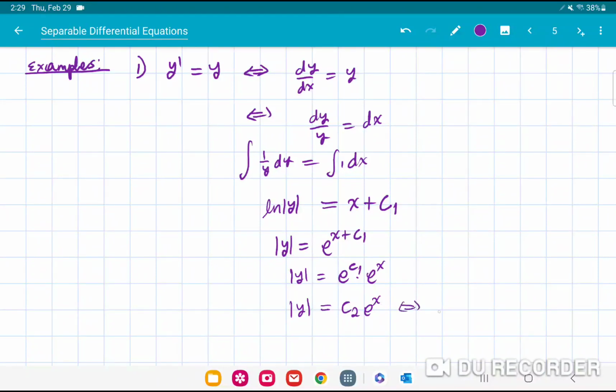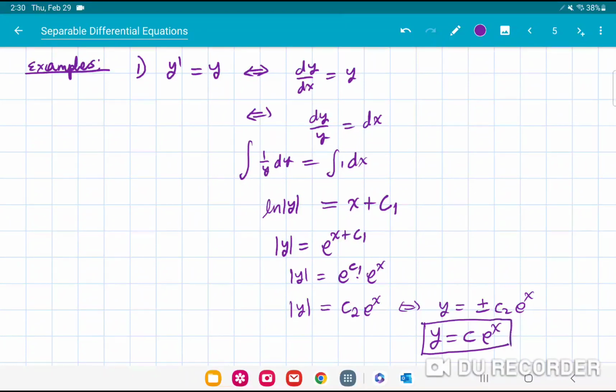But I can rewrite this as y equals plus or minus c2 e to the power of x. And notice this is also another arbitrary constant, but this can be positive or negative. So I'm going to just write it as c e to the power of x. And that's my general solution.